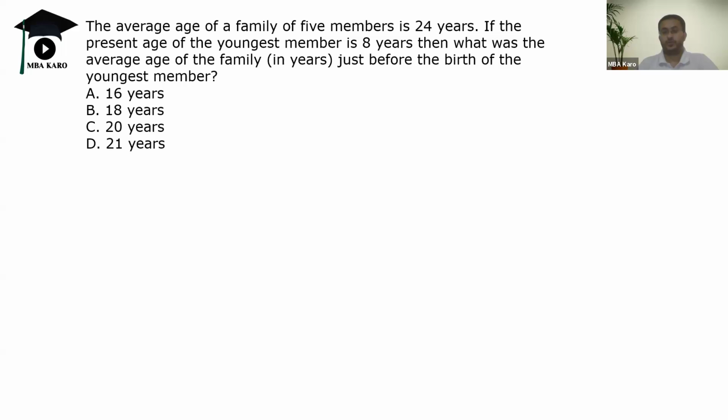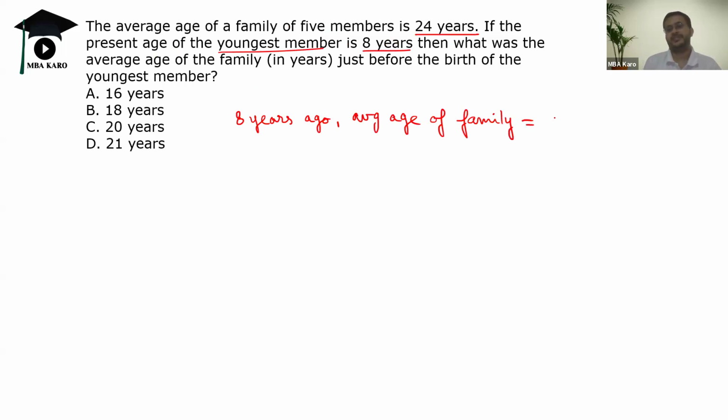We discussed in the previous question that average age changes by 1 year per year. The average age of 5 members is 24 years, and the youngest member is 8 years old. So 8 years ago, the person was born. So 8 years ago, the average age of the family will be equal to 16, that is 24 minus 8, right?